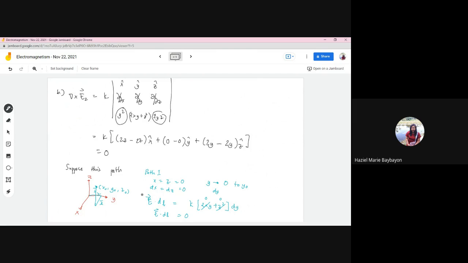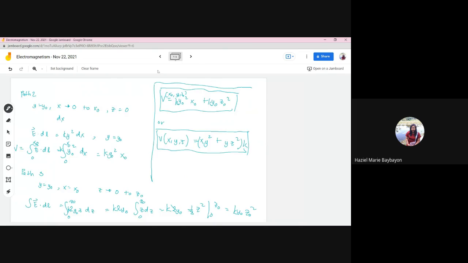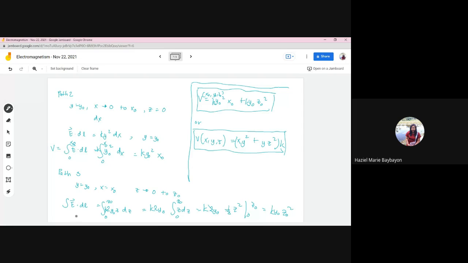V is equal to negative integral of E dot dl. So what we took here was the integral of E dot dl. So if we take V, it should be minus the integral of E dot dl. So this one, since I equated it as V, this should be negative.